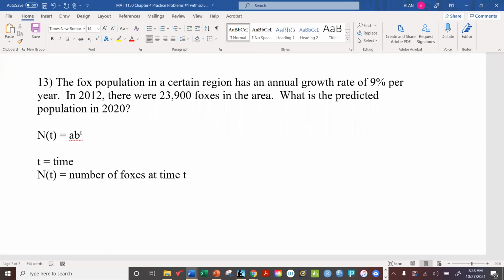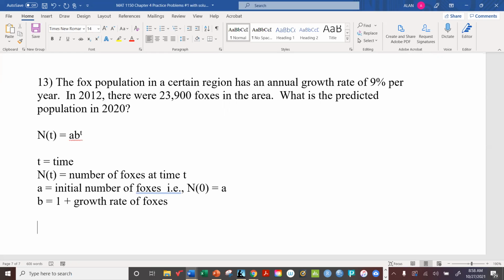And then, of course, a is the initial value, or the initial number of foxes, which, by the way, means this: n of 0 equals a. That's what we're saying here. The initial value, n of 0, means the number of foxes at time 0 is a. And then b is 1 plus the growth rate of foxes.